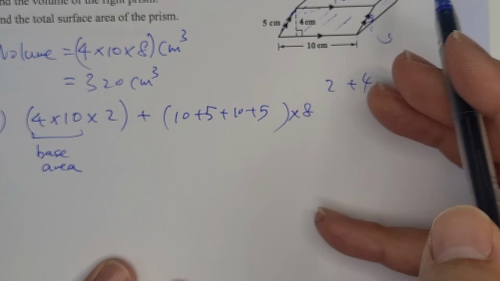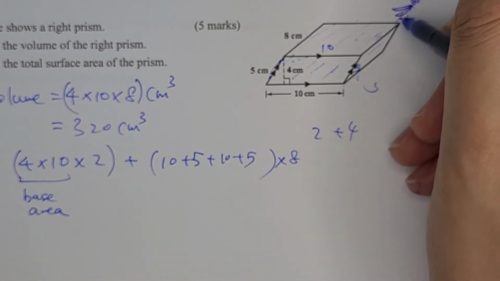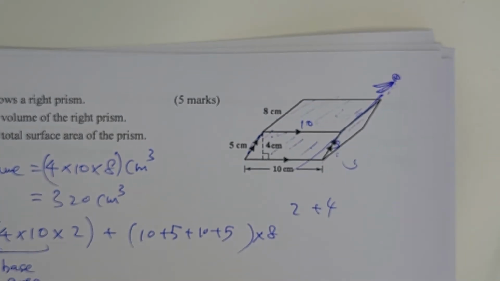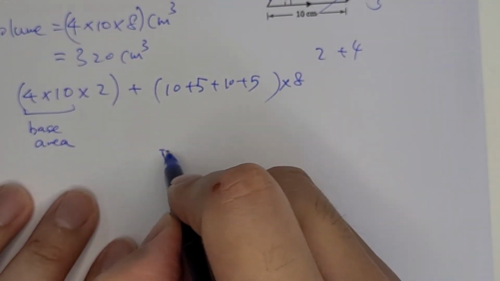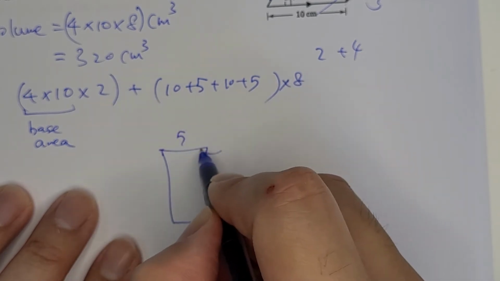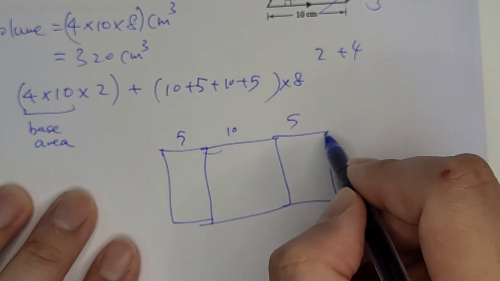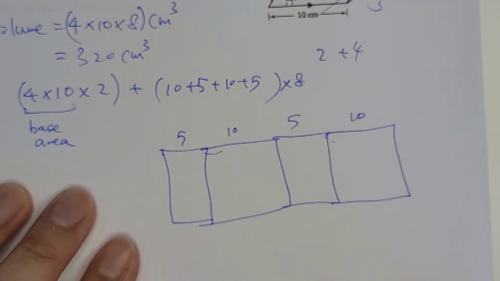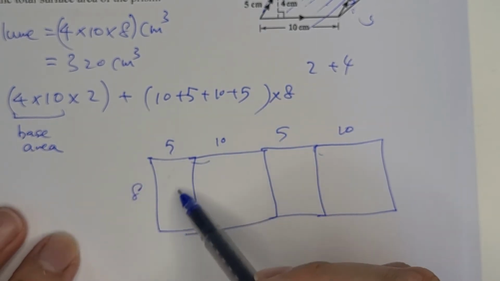It's just like when you use scissors, cut it and then unfold it. You will find something like this: 5, 10, 5, 10. It's just like a rectangle, and that's 8. That is the lateral surface area.